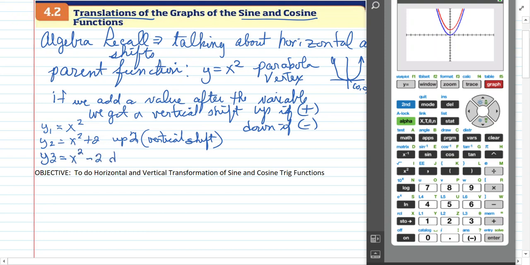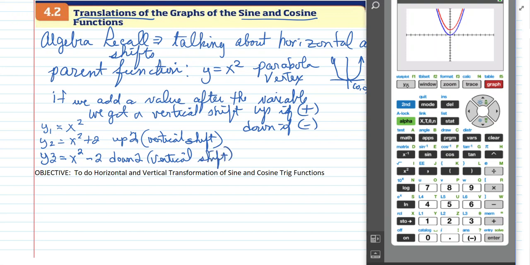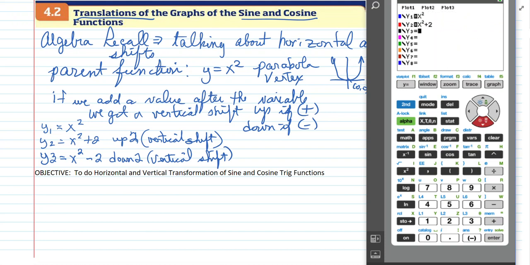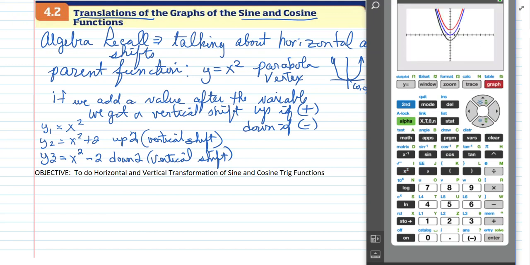So this should be down 2, and it's also a vertical shift because it's not attached to x. So we go to y3 and do x squared minus 2, and we graph it. And there it is. It's below the x-axis.